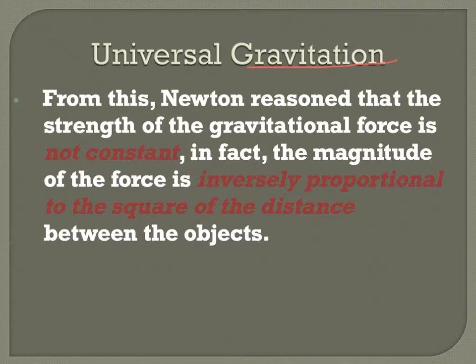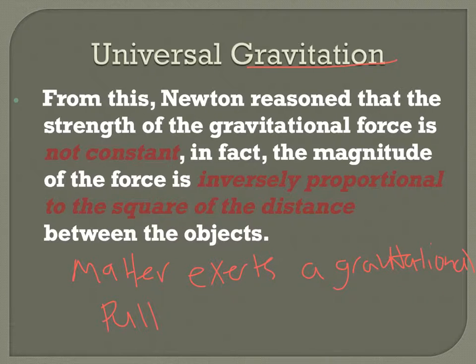So this is what you do want to write down: everything, all matter, exerts a gravitational pull or force. What he's saying here is that that pull or force is based on two things. It's based on how much matter there is and how much distance there is between the objects that you're looking at.